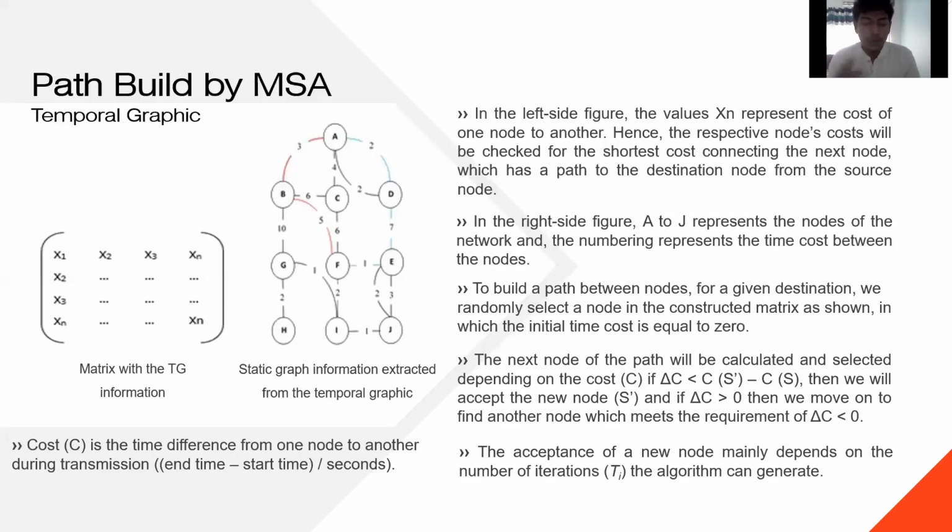In order to accept the new solution, delta C should be less than 0. If it is higher than 0, we will move on to search a new solution. Also, the acceptance of a new node mainly depends on the number of iterations the algorithm can generate.